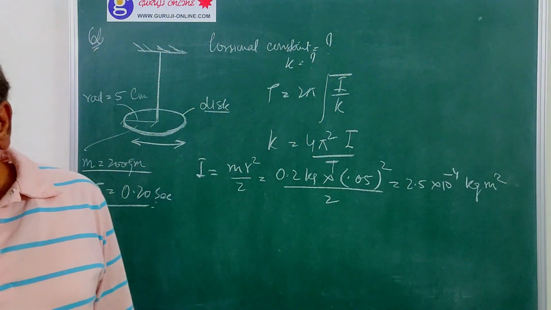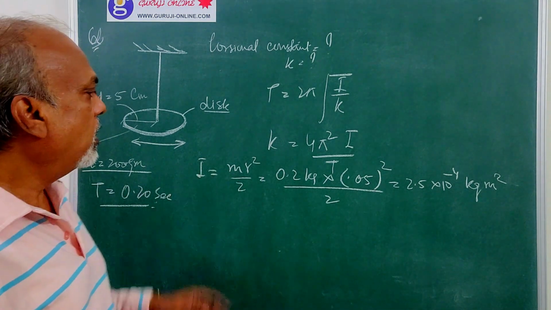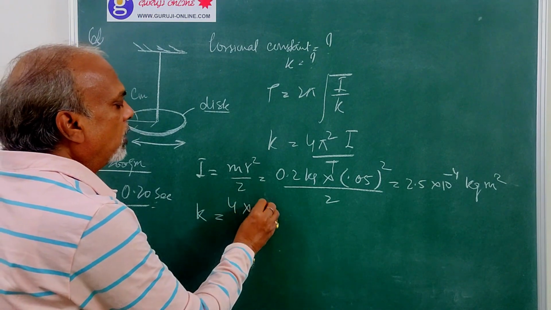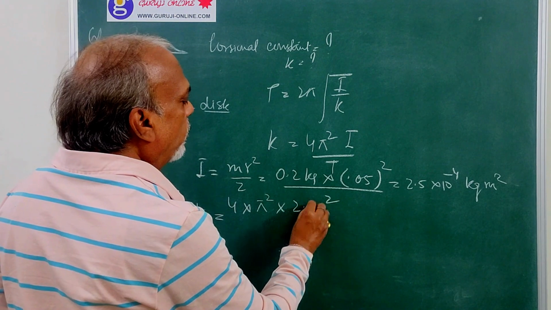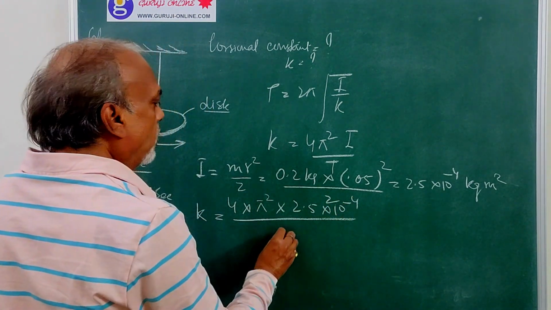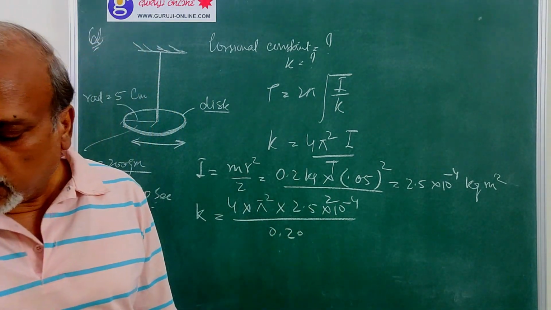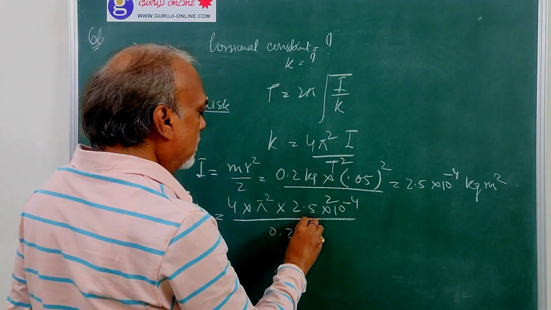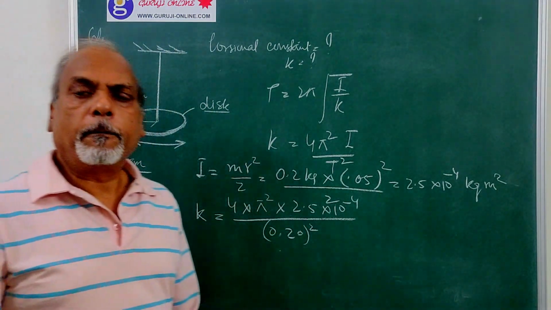Now, what about T? T is given, so K, the torsional constant, will be nothing but 4 into pi square into 2.5 into 10 raised to minus 4 upon 0.2, and of course this will be squared.